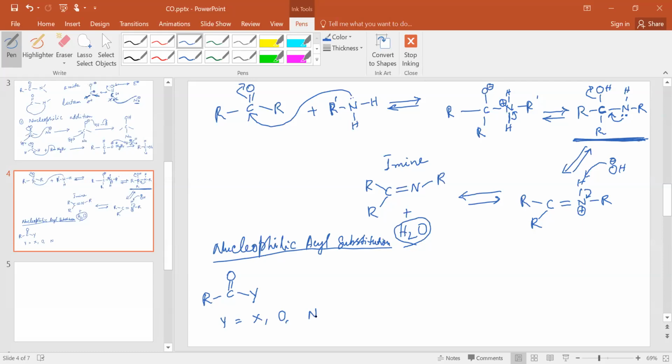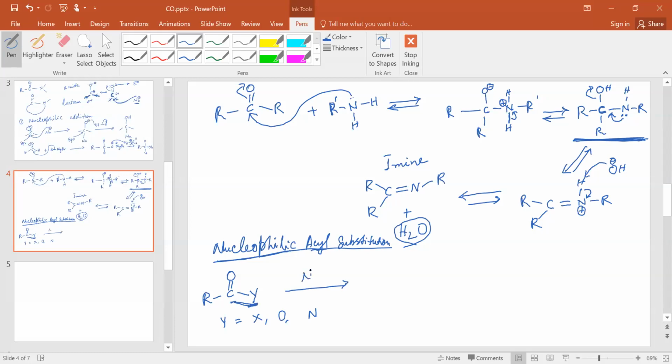Anything with higher electronegativity than carbon. This Y leaves, meaning it is substituted. That's why this reaction is called nucleophilic acyl substitution: the Y of the acyl group is substituted by a nucleophile.